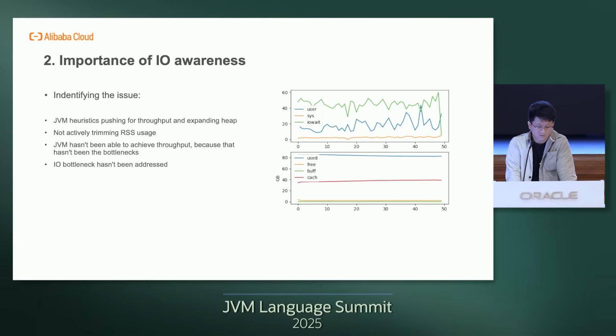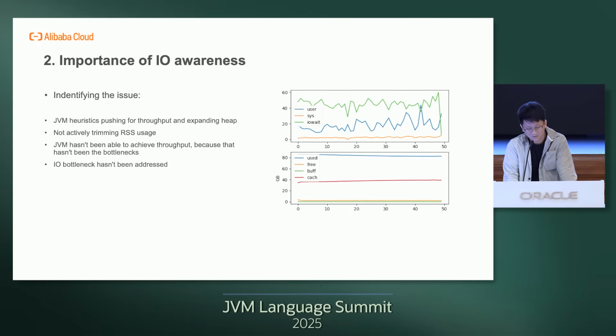The issue we are identifying is that the JVM will try to push for throughput. There's a heuristic in the JVM that, for example, calculates the proportion of time spent in the GC process and tries to keep it below a certain ratio compared to the whole application time, so it pushes for throughput by expanding the heap.